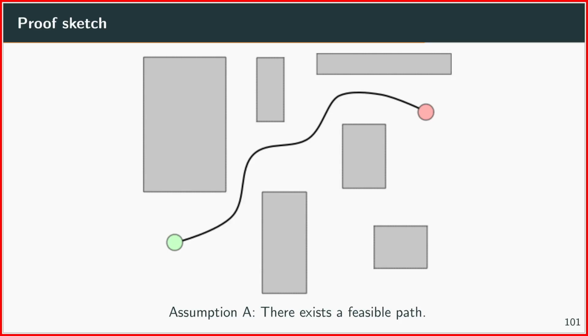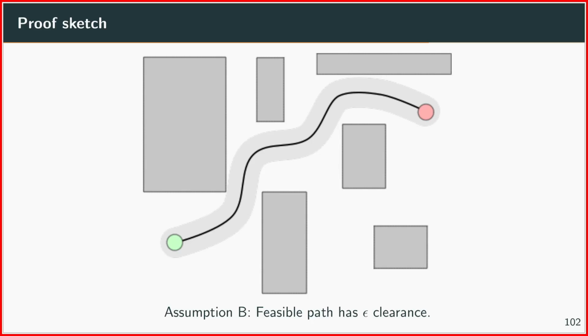First, we need some assumptions. There are 3 assumptions. One is that you have to have a feasible path. If this is not solvable, then RRT can't do anything. Second, we need to assume that this path has epsilon clearance, whereby epsilon can be some arbitrary number bigger than 0.